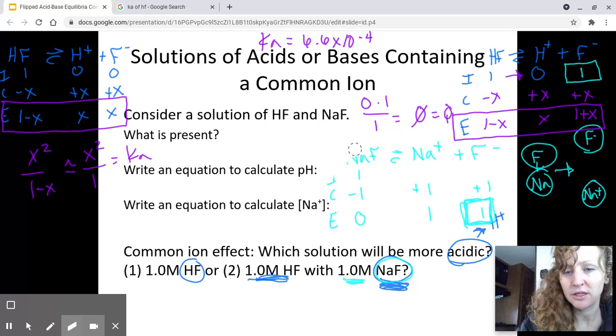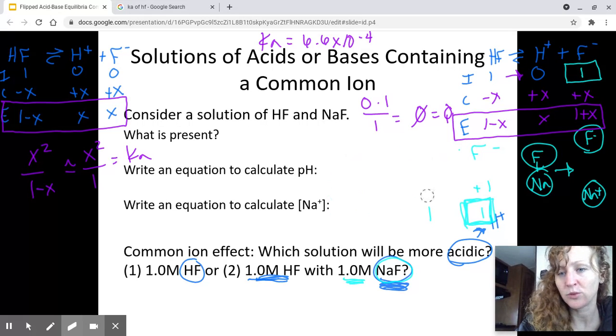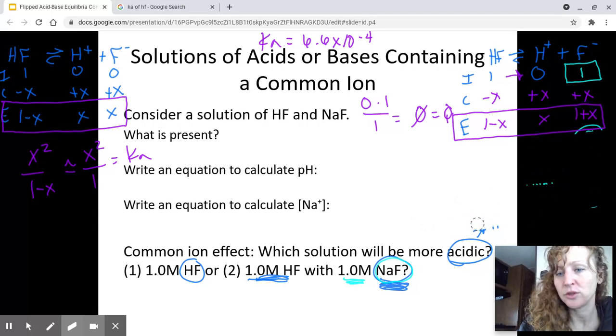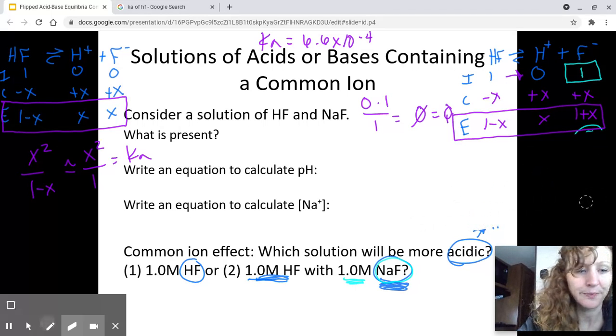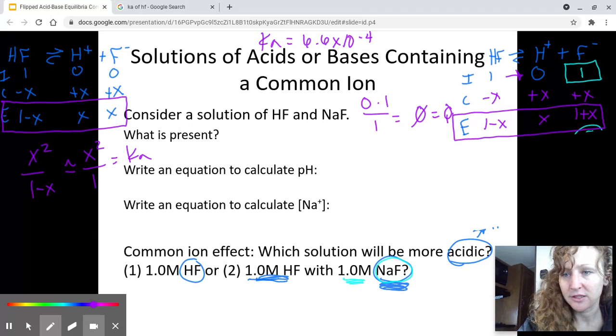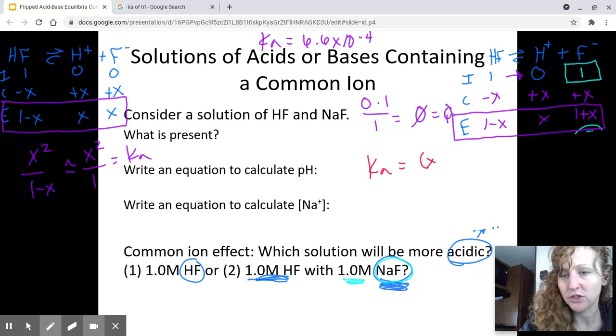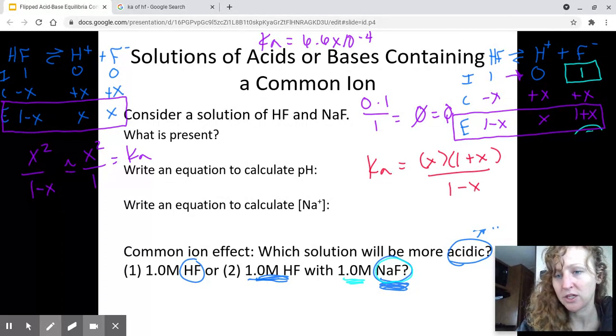Okay, let me erase this side so that I have some room to work. And I'll do the same thing over here. All right, so this side is going to be Ka equal to x from the hydrogen, 1 plus x from the F minus, 1 minus x from the HF.